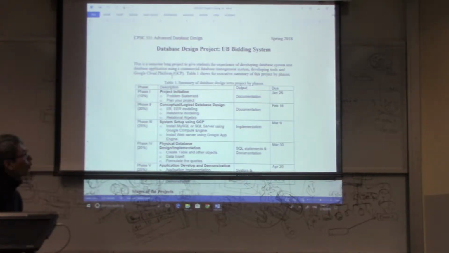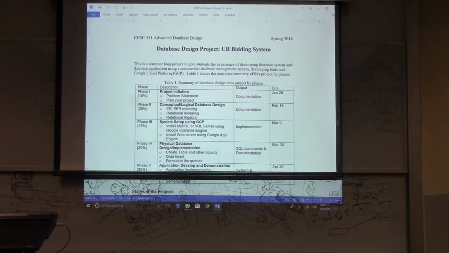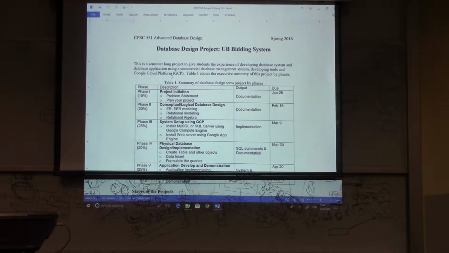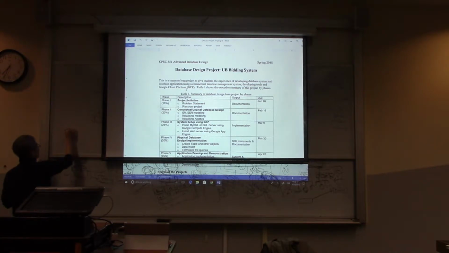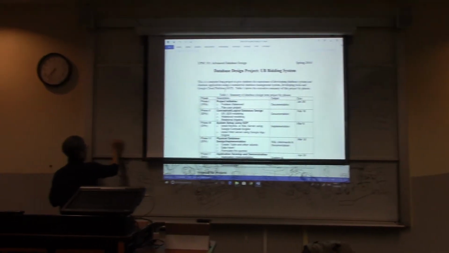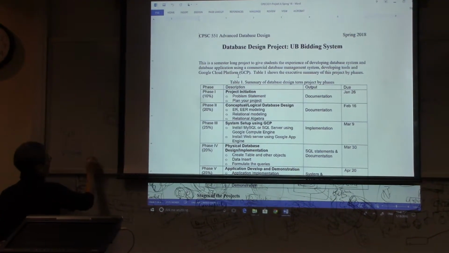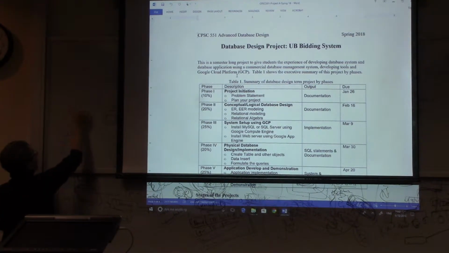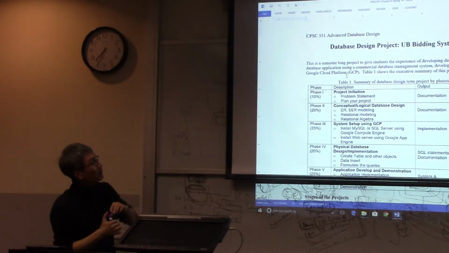So we are going to use the Google Cloud Platform, which means you are first going to create a MySQL database on the GCP. It's your own database, MySQL. Let's say this is the GCP, and you create the MySQL. First, from your local machine, you are going to implement some database application, like the UB bidding system.